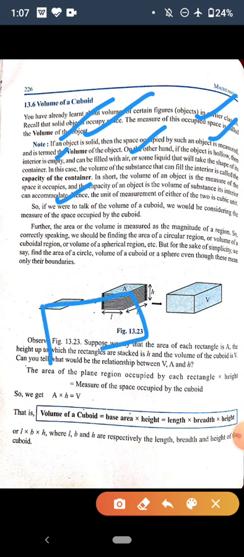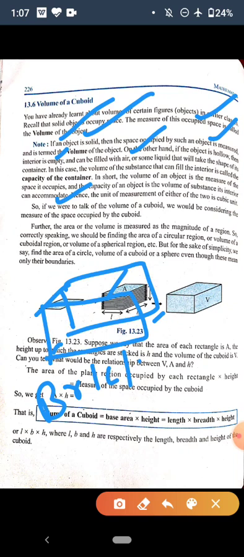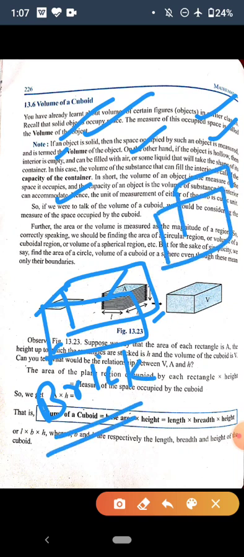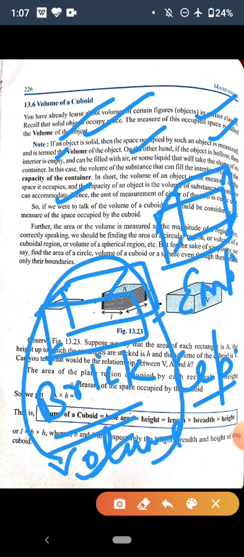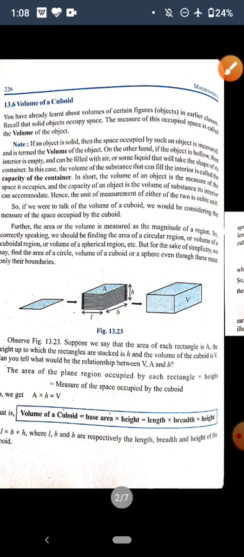If the box is solid, like a brick, you can find the volume of the brick. But if the box is empty, then we talk about its capacity. So for a solid shape, you talk about volume, and for a hollow shape, you talk about capacity.